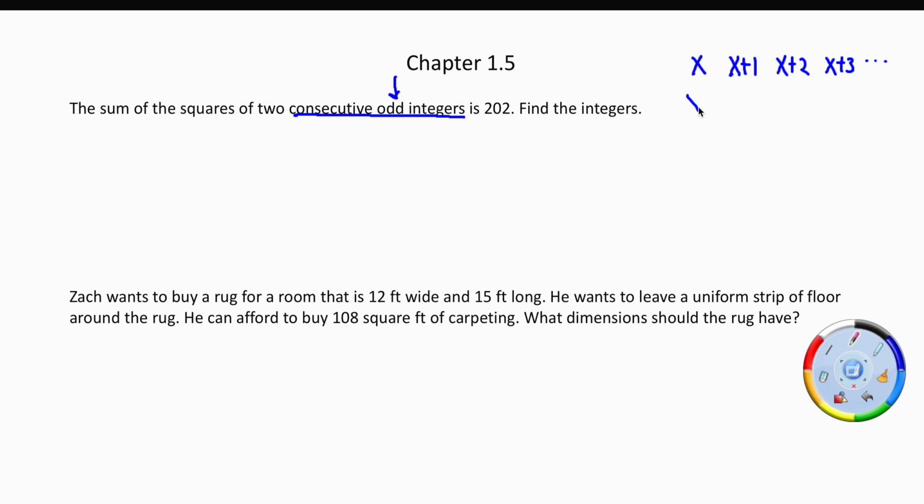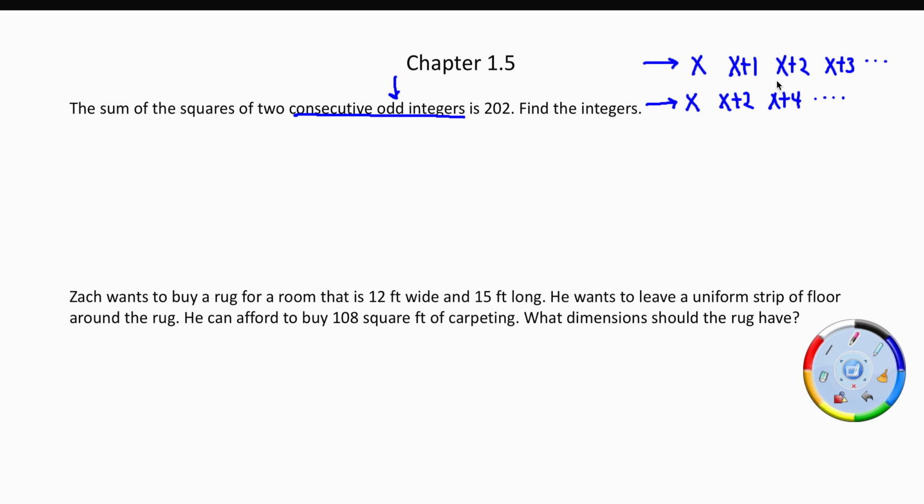If I started with x and I wanted the next odd number, I'd have to add 2, and to get the one after, add 2 more, or in other words 4 to the original number. This is our method for either consecutive odd or consecutive even. Because if x is 5, this will give me 7, this will give me 9. But if x started out being 6, this would give me 8, this would give me 10.